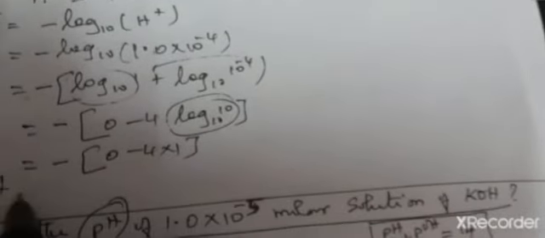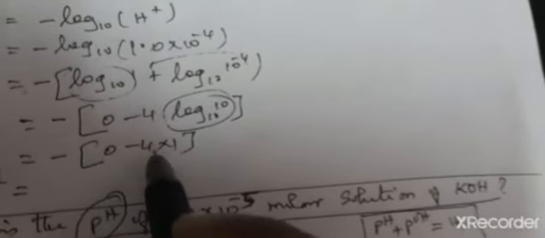So when you bring this here, minus 4 log 10, then minus 0. This value, log 10, is 1. So 4 into 1. So pH is equal to minus into minus, plus 4. The pH value of 1.0 into 10 power minus 4 molar solution of nitric acid is 4.